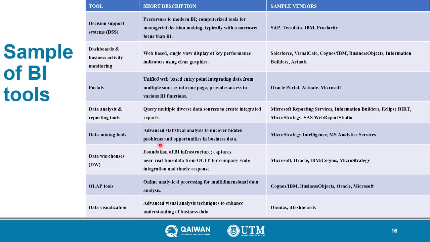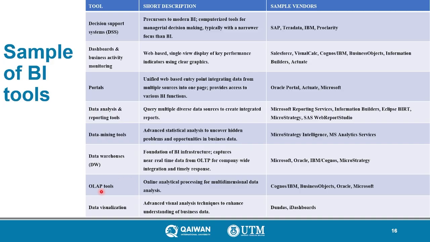For data analysis, tools query multiple diverse information sources to create integrated reports. We know it's for reporting: SAS, Web Report Studio, and so on. These are all important. However, for data warehouse, we have Microsoft, Oracle, IBM, Cognos, and MicroStrategy.